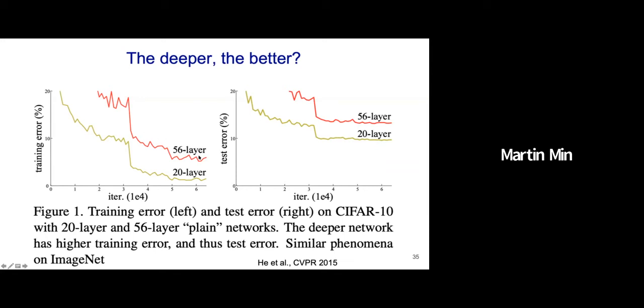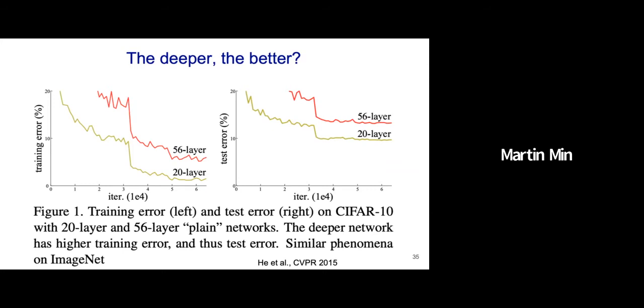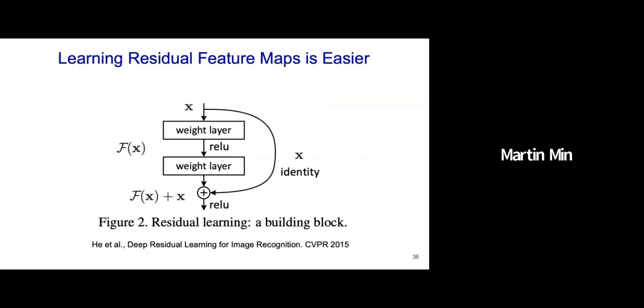People wondered why this can happen. They found out the problem is that the information cannot be efficiently propagated to the upper layers. So they invented a new trick called identity mapping. Identity mapping means that for the upper layers, you have skip connections.